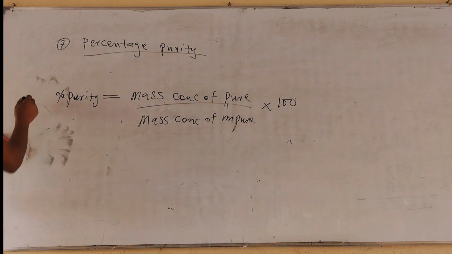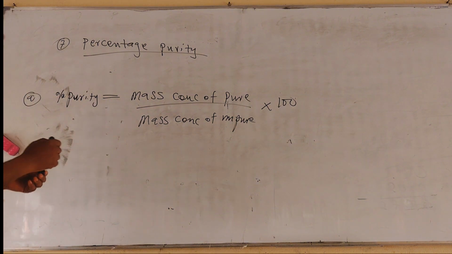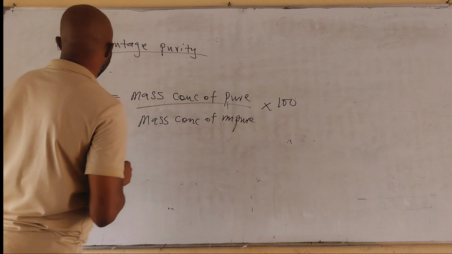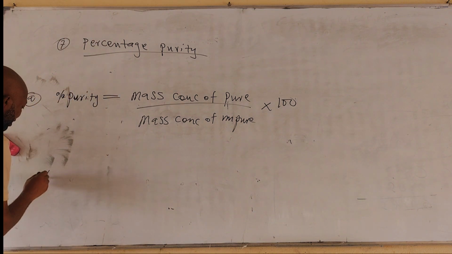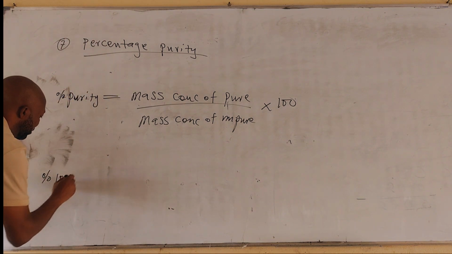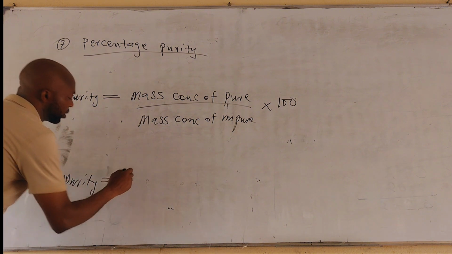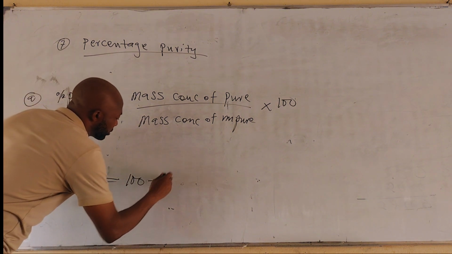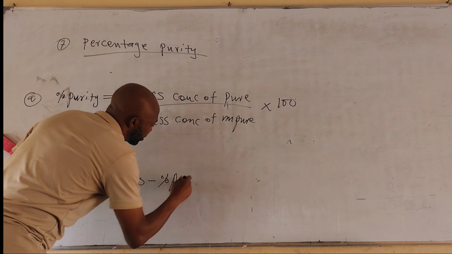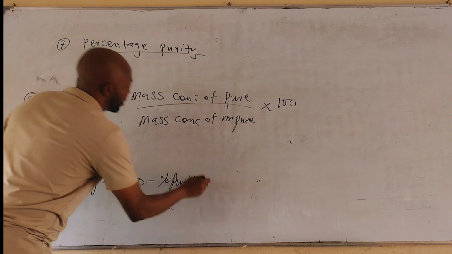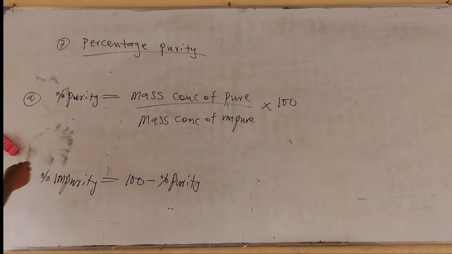That is the first one, A. So if that is true, we can now have percentage impurity, which is 100 minus percentage purity. This is B.